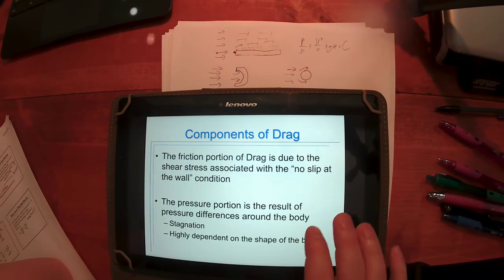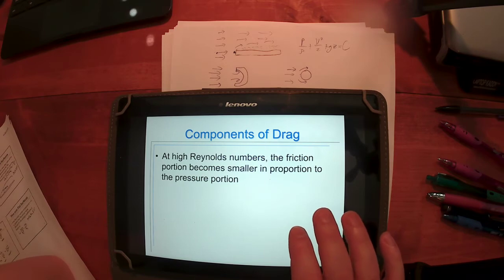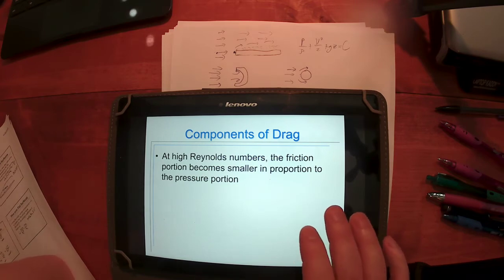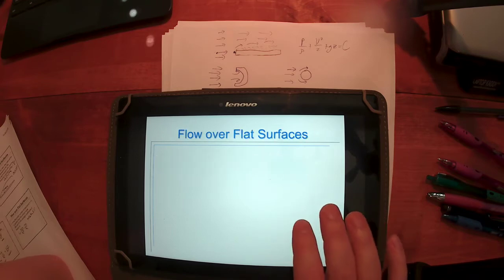Alright, so at high Reynolds numbers, the friction portion becomes smaller in proportion to the pressure portion. So the higher the Reynolds number, the bigger the contribution of the pressure component is. And you reach a point where the friction component is sometimes negligible in comparison to the pressure component at a higher Reynolds number.